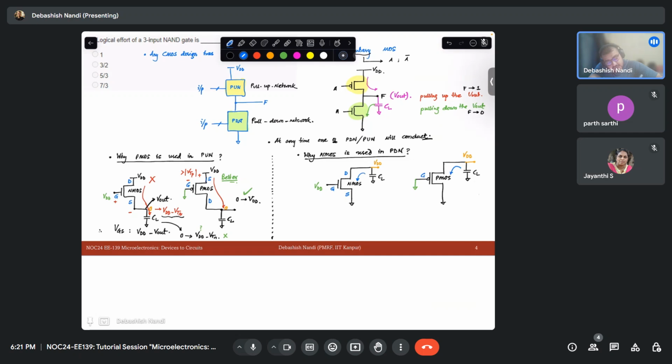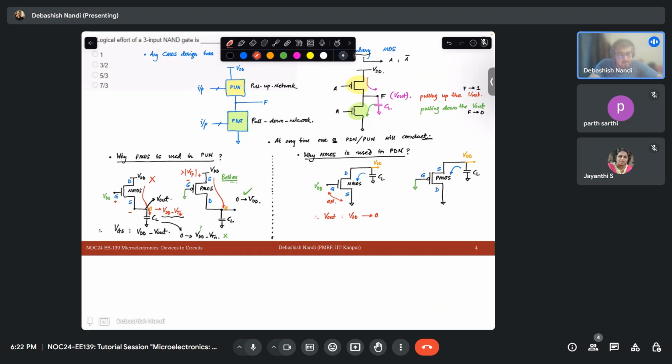In case of PMOS, this is gate, this is source, this is drain. Fine. So my gate to source voltage is always fixed and my transistor will always be on. So this transistor will always conduct, and V out will get discharged from VDD to 0, the entire range.